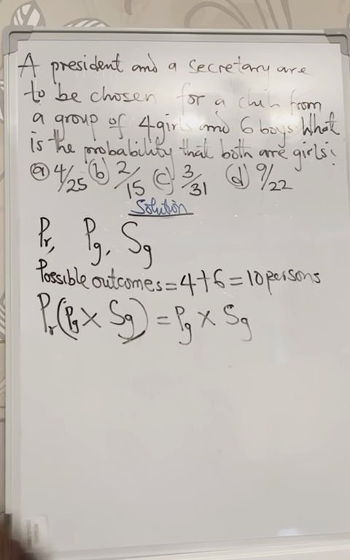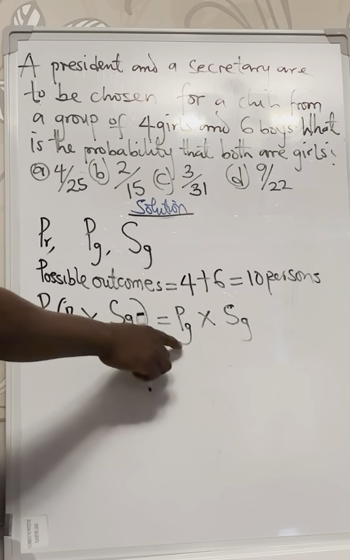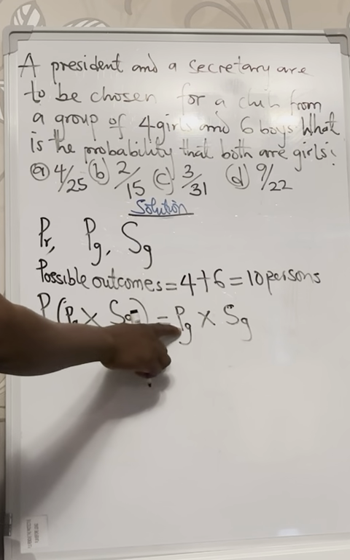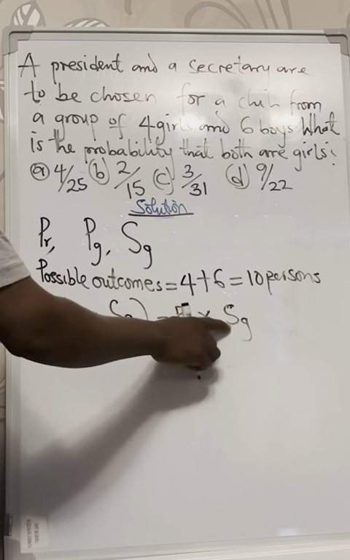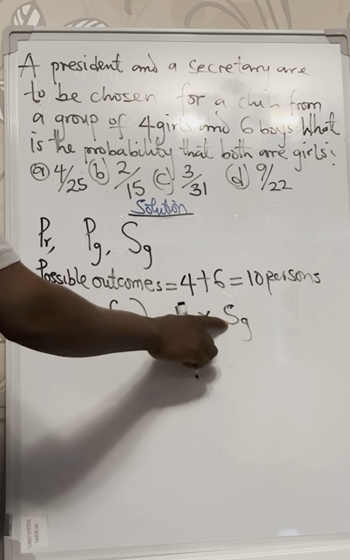So these are the two things. This is the probability of a girl as a president. This is the probability of a girl as a secretary.